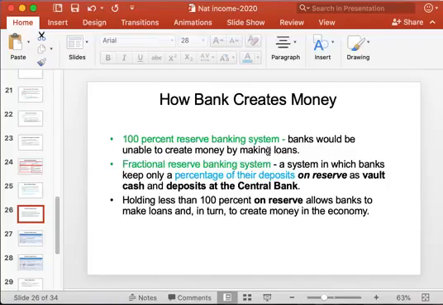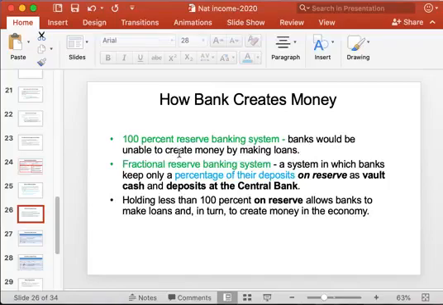When we talk about creating money here by the banks, we are not talking about printing money. The authority for printing money is reserved with central bank only, and banks cannot print paper bills.